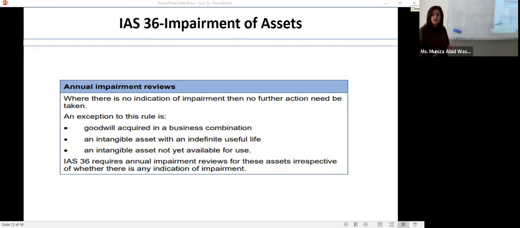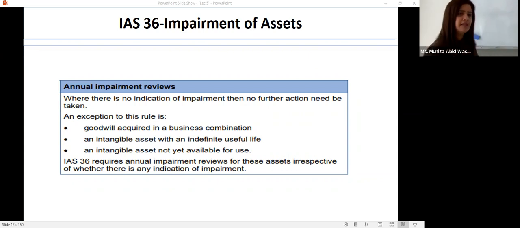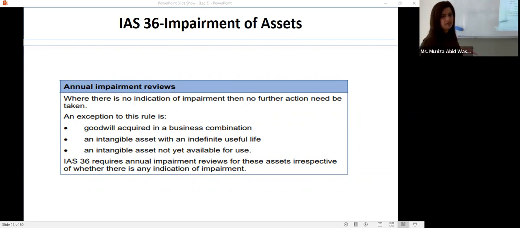Now, annual impairment reviews. In the case of all the assets, normally we first see the indicators of the impairment and then we conduct the impairment review. But in the case of a few assets which are listed here, we conduct an impairment review immediately.